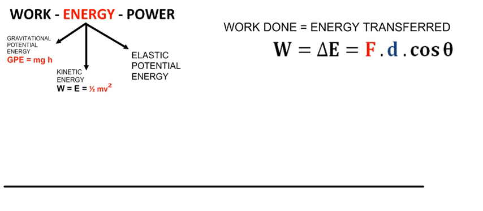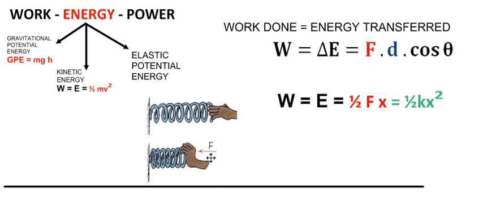We shall now look at another type of potential energy called elastic potential energy. This is energy stored in stretched springs or compressed springs, rubber bands, or anything else that shows flexibility. We can see that when a force is applied, it causes a displacement to either compress the spring in the direction of the force or extend the spring in the direction of the force.